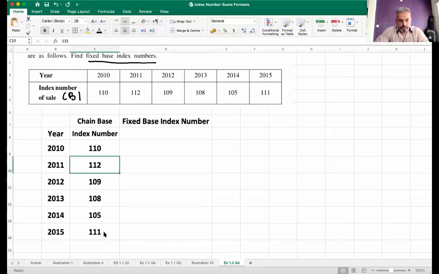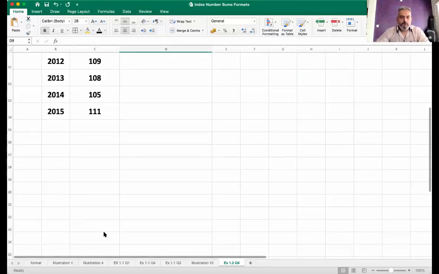Now, we start with the fixed base index number. So first let's write the formula.